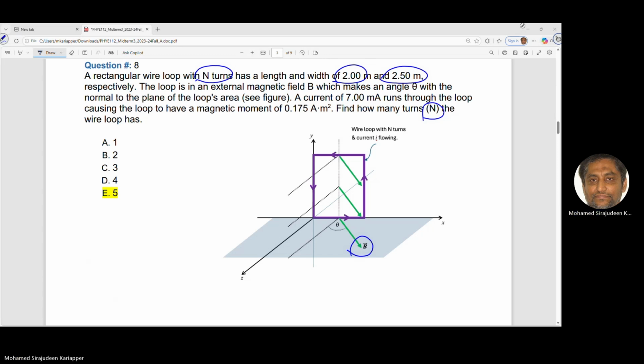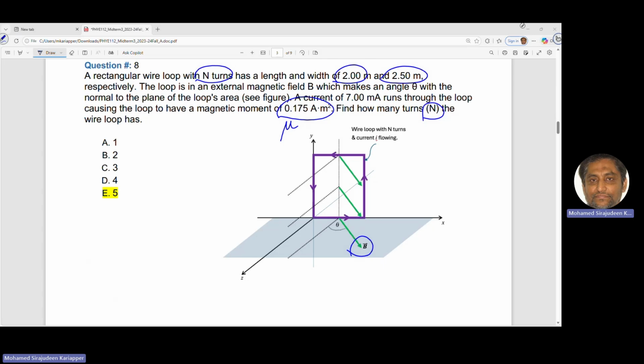It is found to have this magnetic moment. The question is to find N. So the question doesn't have anything to do with the magnetic field. The moment we have a current carrying loop, it has a magnetic moment. It is a magnet, so it has a magnetic moment.